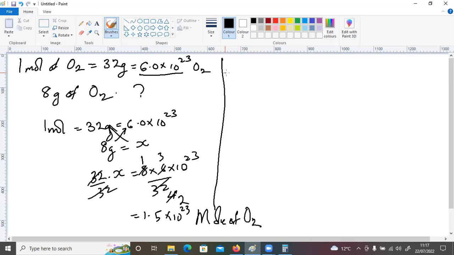in 3.5 grams of nitrogen gas, I'll come here and say, I know that 1 mole of N2... I'm calculating the number of atoms or number of molecules of N2 in this mass.